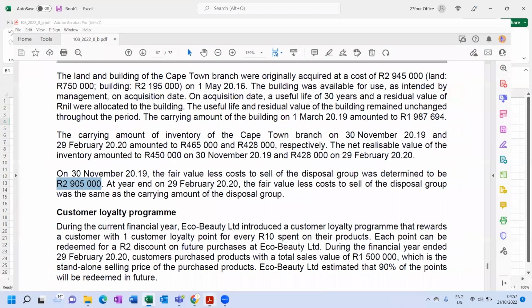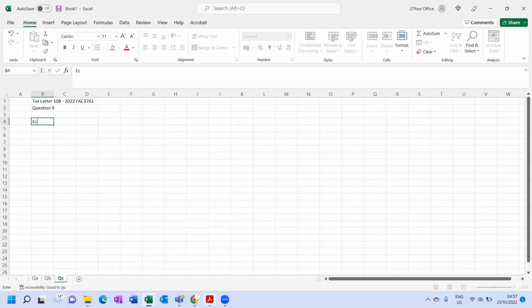Eco Beauty Ltd. Then second thing, the name of the statement. It is notes to the annual financial statements. Okay, and then the date for the year ended. What is the year ended? 29 Feb 2020. Okay, so there's three things: company name, statement name, and date.